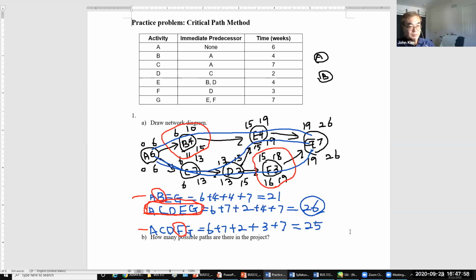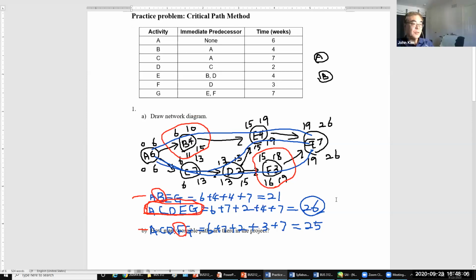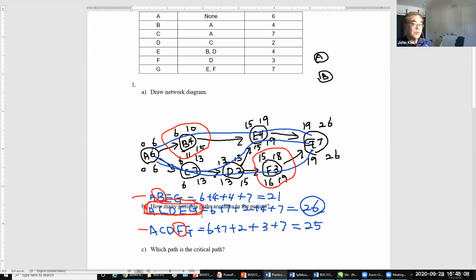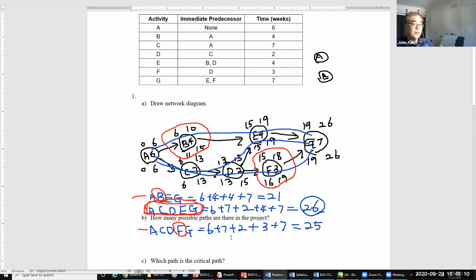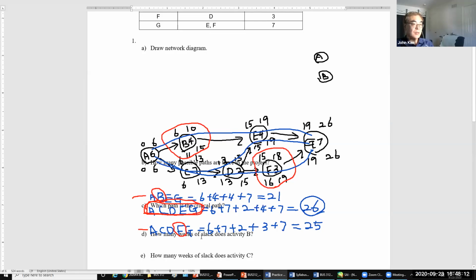Okay, yeah. So you don't have to find early start, early finish. If question asks you about the slack, then you need, but I will not ask you to find the slack.